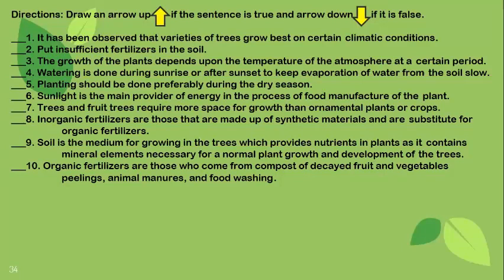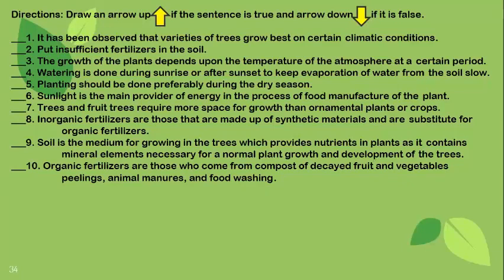Did you get it? Is it clear? Very good. So for number 1, you have to decide whether the sentences are true or false. If it is true, you're going to draw an arrow up. If it is false, you have to draw an arrow down.